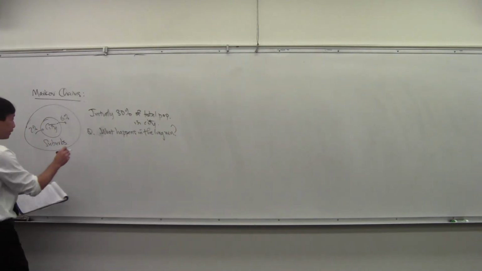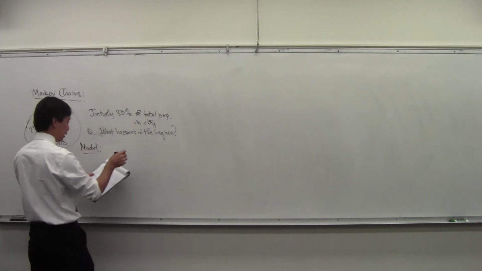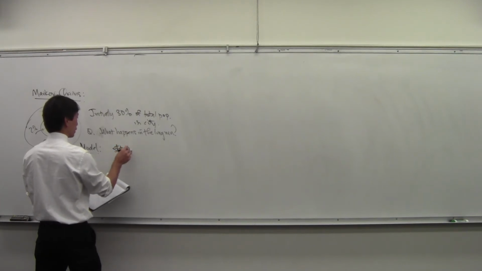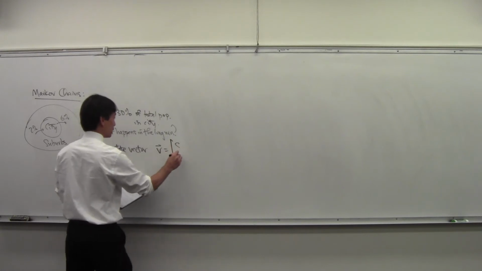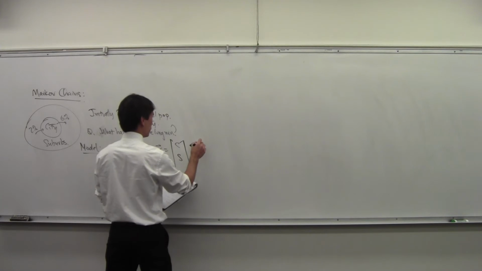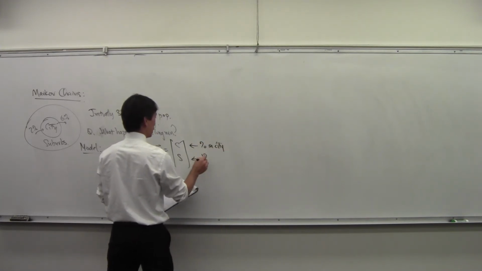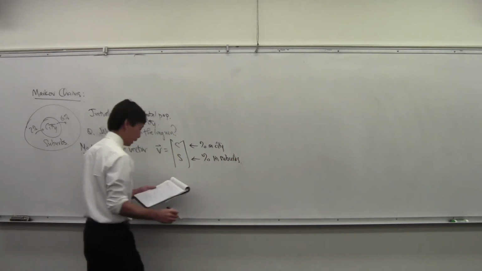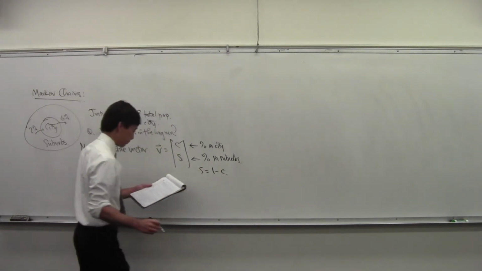And so we create the following model. What we do is we create something called a state vector. State vector V, where the first entry indicates the percentage in the city, and the second indicates the percent in the suburbs. Okay. And of course, the second is going to be 1 minus the first.